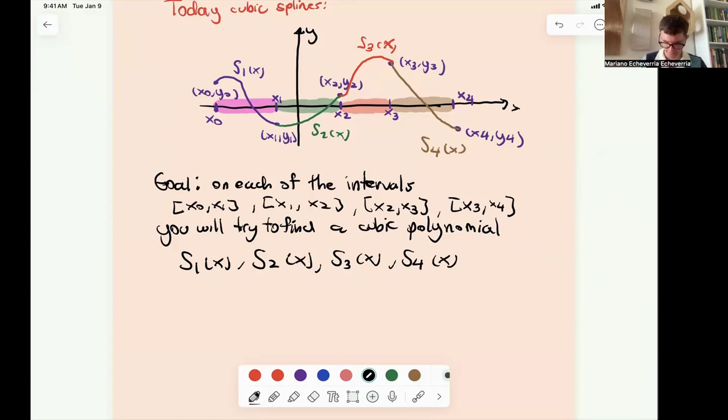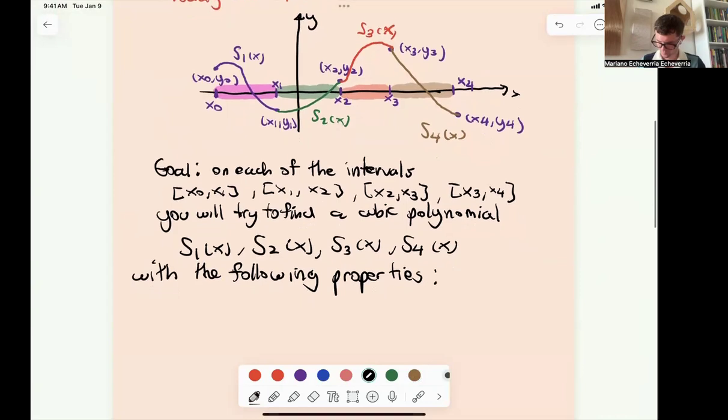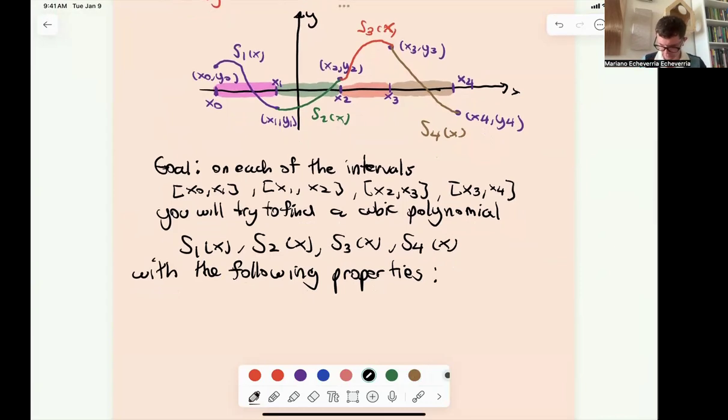So the first one is that the polynomials interpolate, so they must pass through the given points.